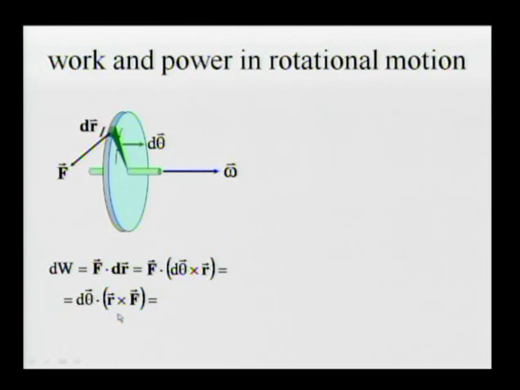Now, the reason that I did that is because what is this product now? The torque. What torque? It's the torque about the axis, right? So here I have the torque about the axis. Now the scalar product is commutative, so I can write that this expression is equal to the scalar product of the torque and that angular displacement.